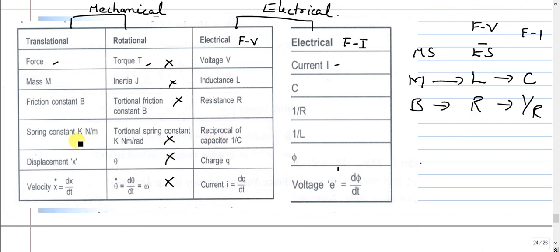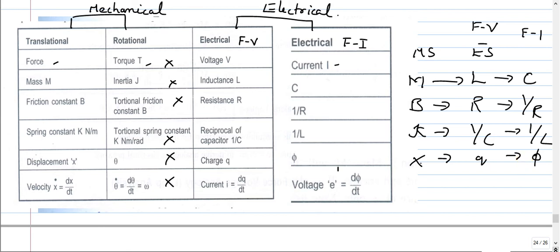And spring constant K will be replaced in Fv by 1 by C, reciprocal of capacitor, and here it is 1 by L. And displacement, x of t in translational motion, theta of t in rotational motion. When it comes to force voltage, you need to represent the charge Q, and here in force current it is pi, that is flux.